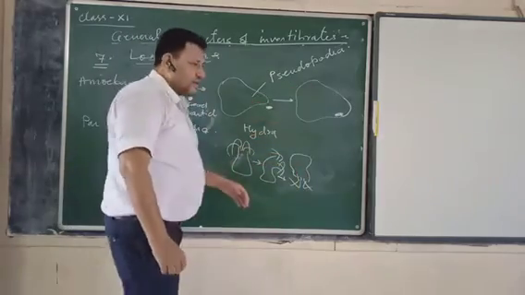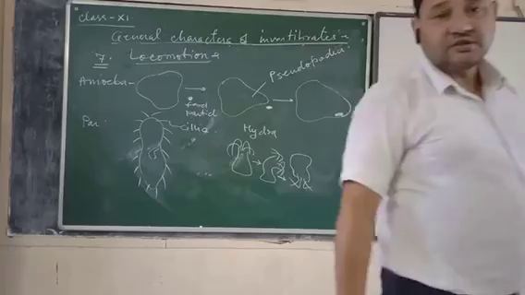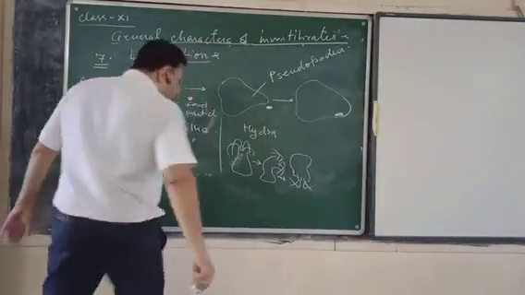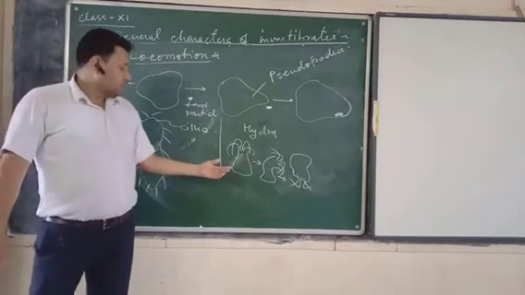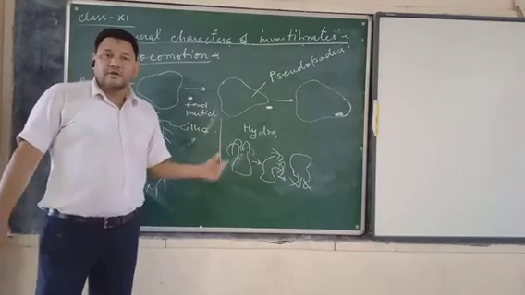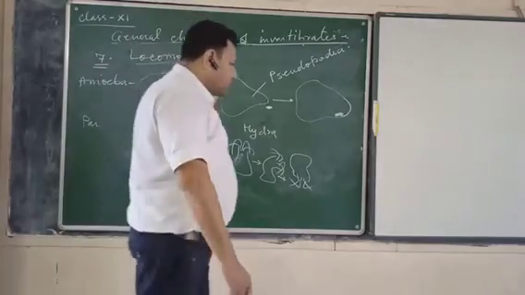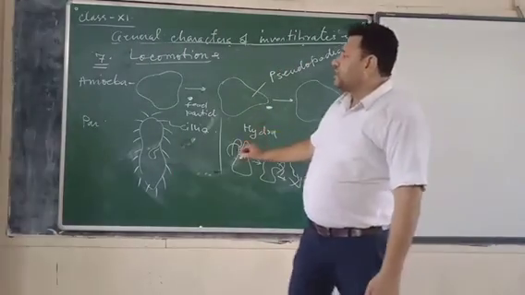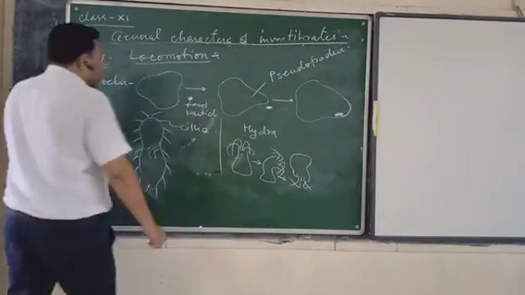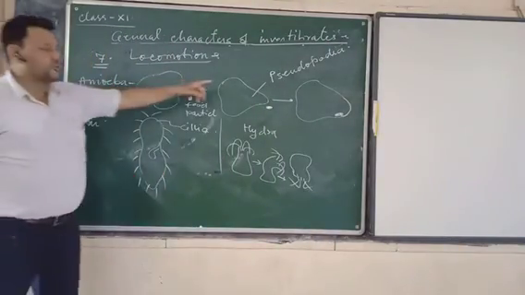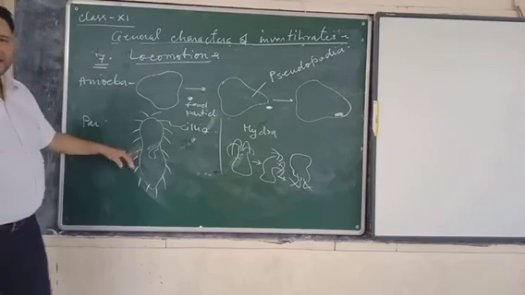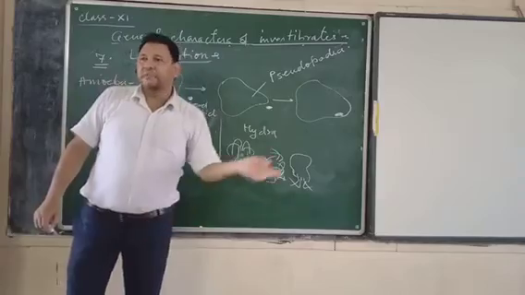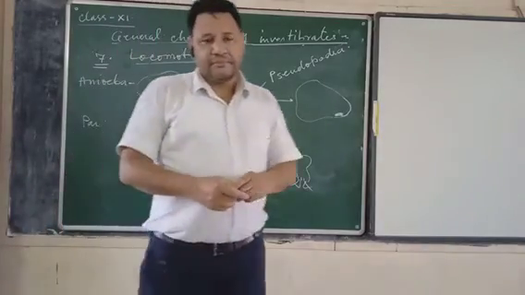This process is known as somersaulting. So, in the Hydra, movement is by somersaulting. Okay, so what I told you, there are so many types of locomotory devices present in the invertebrates. Some are having pseudopodia, some are having cilia, some are having flagella, some are having somersaulting, and many other movements are there.